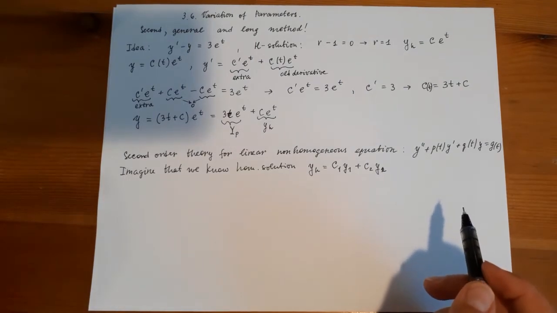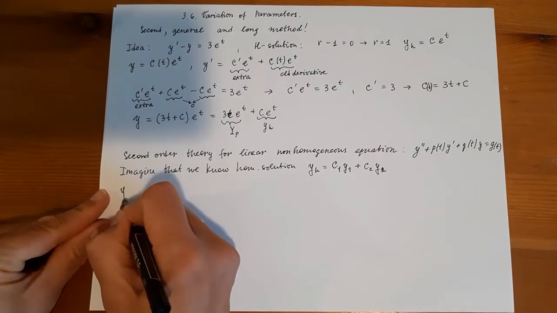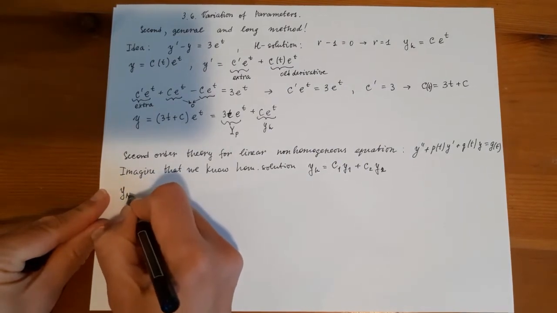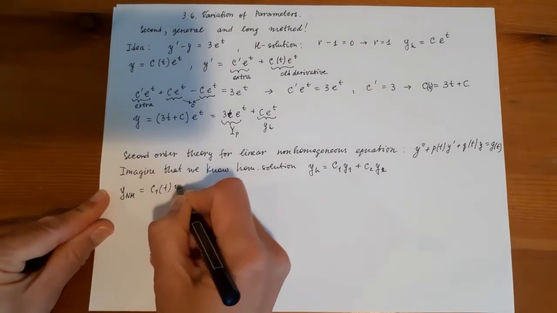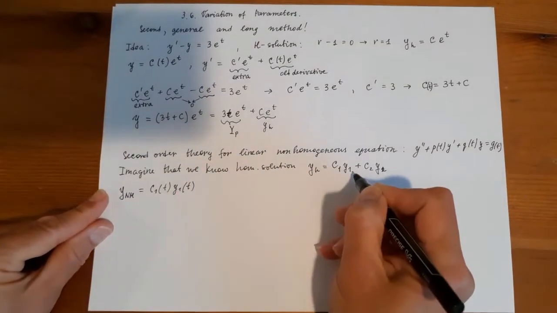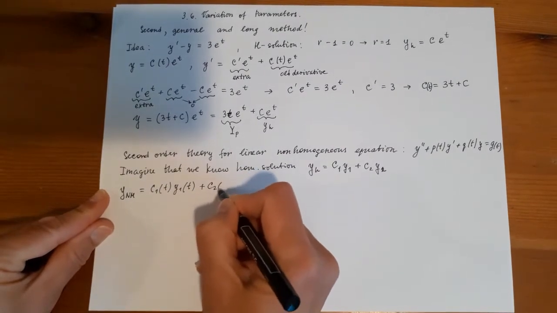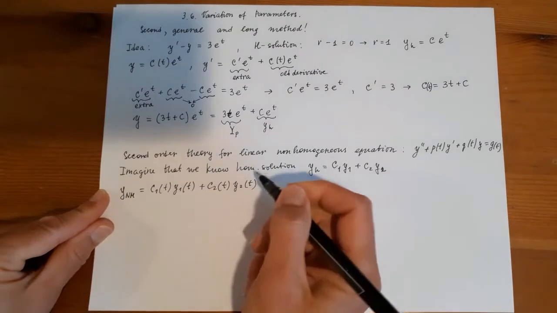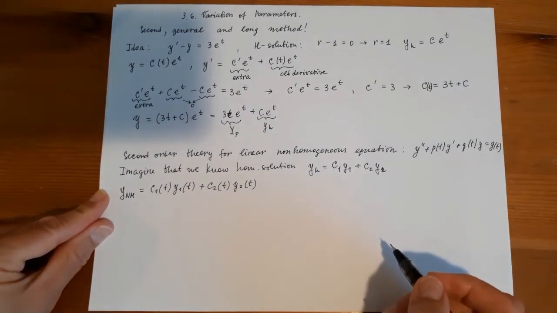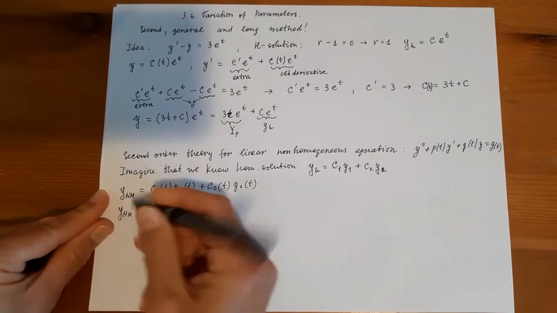Now, applying variation of parameters, we are going to search for the solution of the non-homogeneous equation as c1 of t times y1 of t. Here y1 was a function of t, just c was not. We do vary the parameters. Parameters are just the constants in front of our solutions.